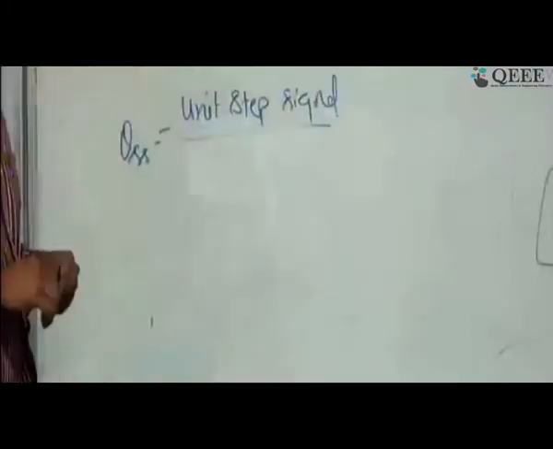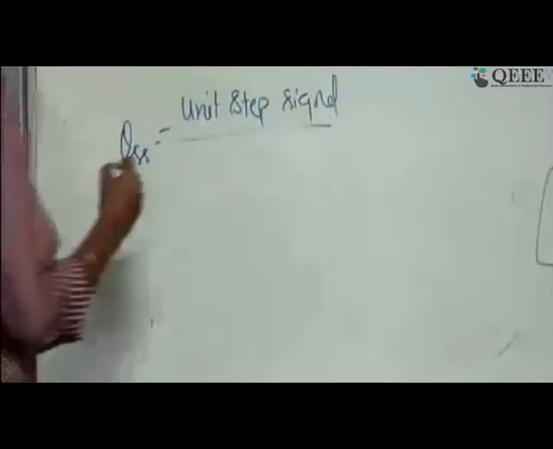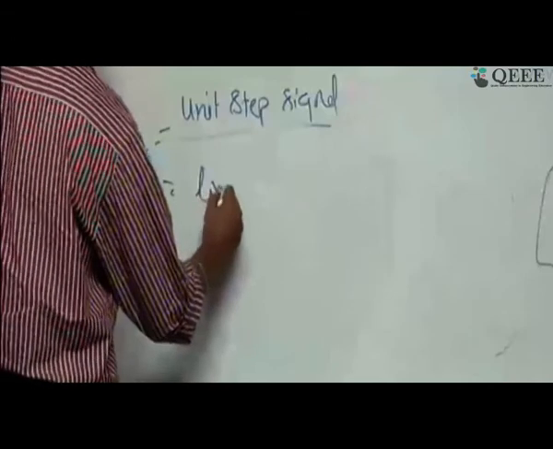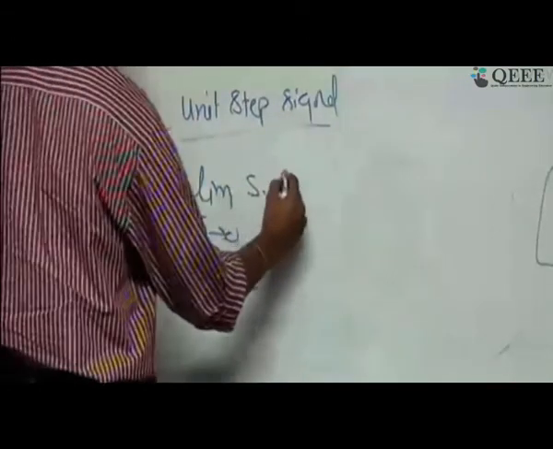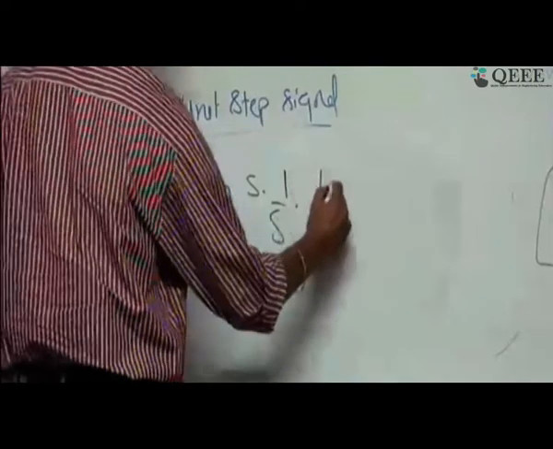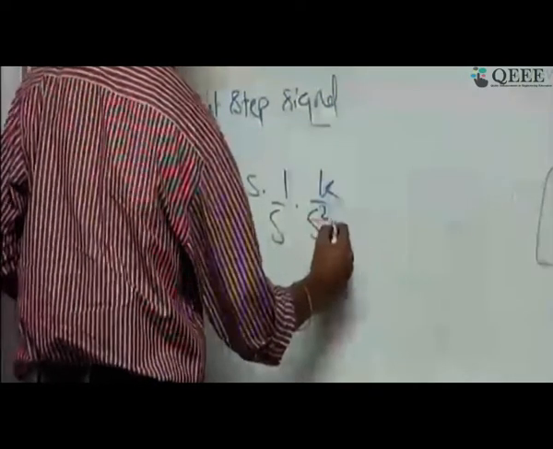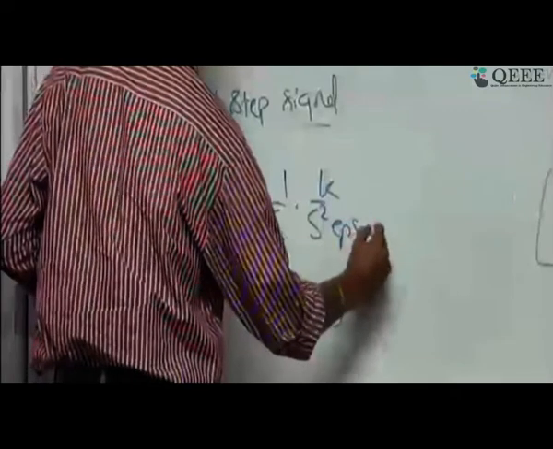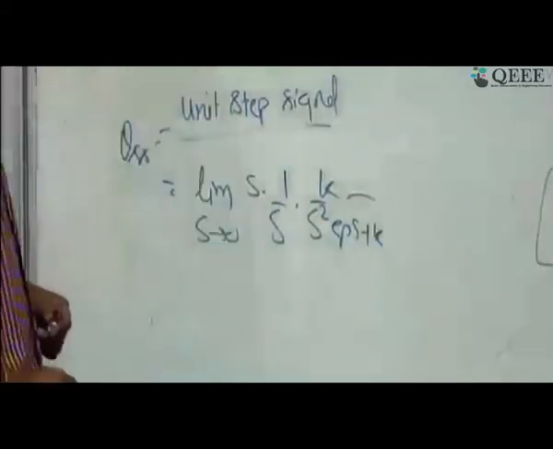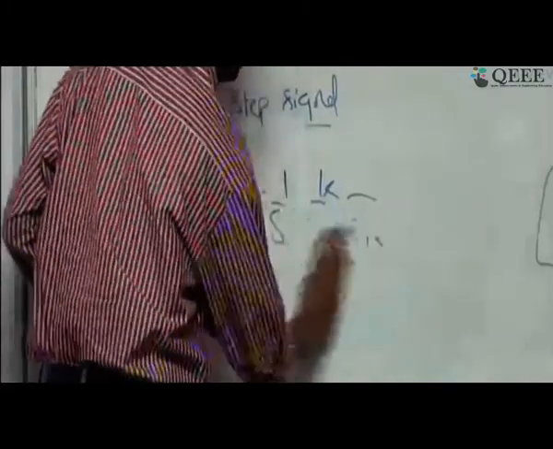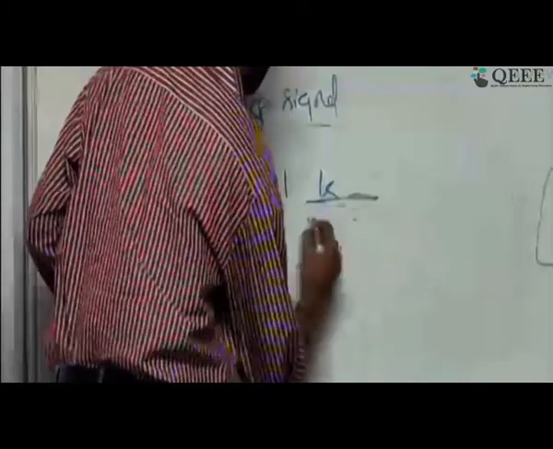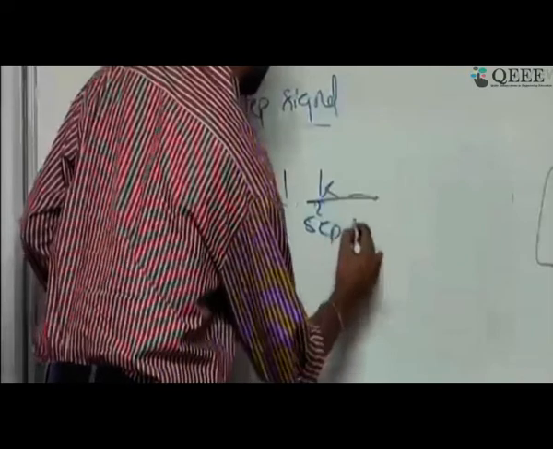This all of us know: limit s tends to 0 of s theta rs, where theta rs is 1 by s, into k over s square tau p plus s plus k. Sorry, this entire thing I should write as s square tau p plus s plus k. Is that part clear?